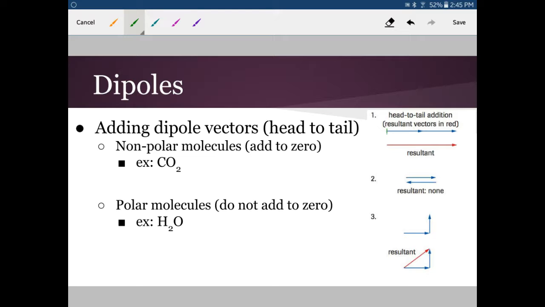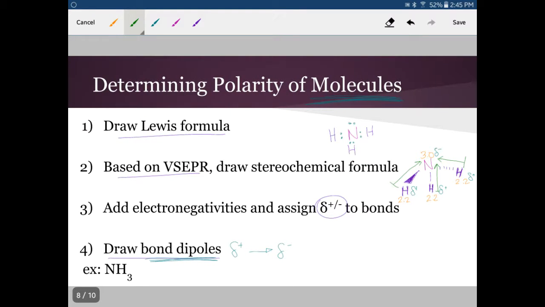So if I go back to my example here with my ammonia, I have 3 bond dipoles. One appears to be like this. And if I continue my overall vector addition, I have one like this, I have one like this.